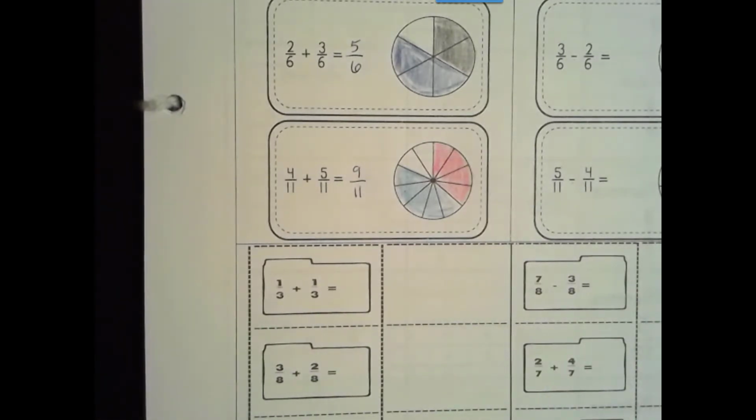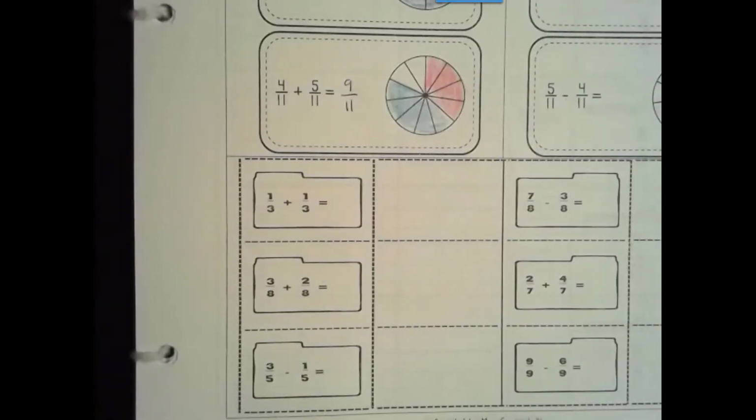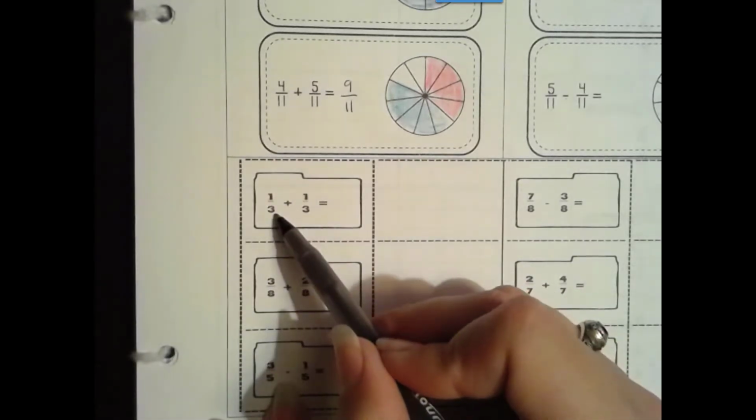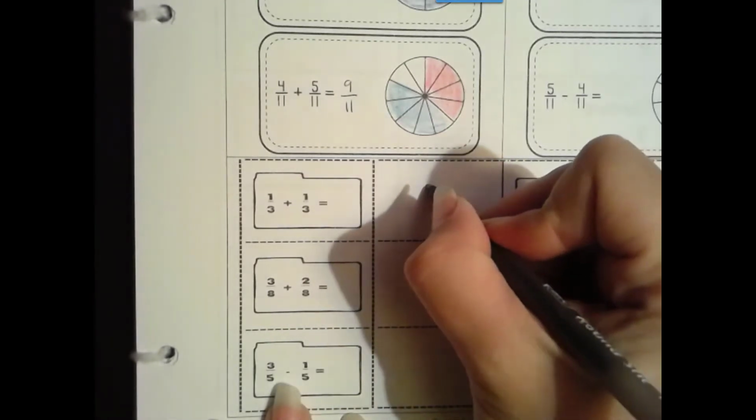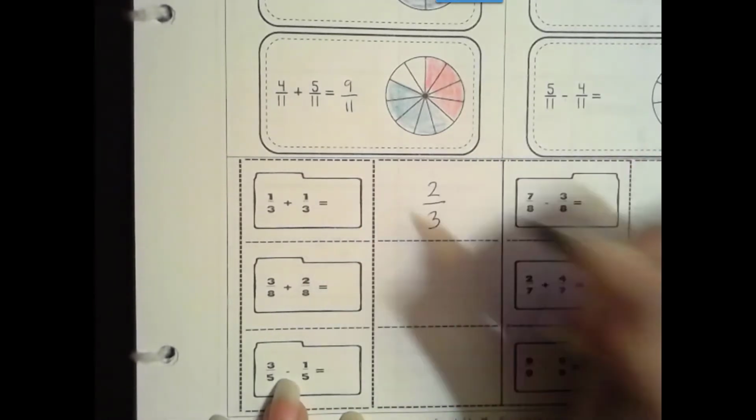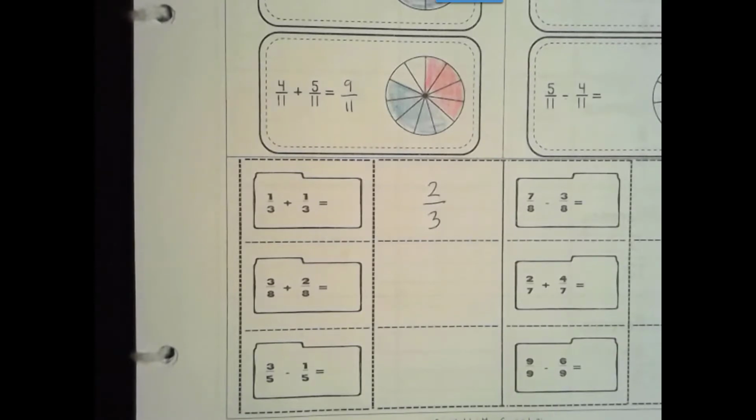So here we have some without any models, but we can use the same thinking. I have 1 out of 3 pieces plus 1 more out of 3 pieces, and that gives me 2 out of 3 pieces. The denominator doesn't change, it's still cut up into 3 pieces.